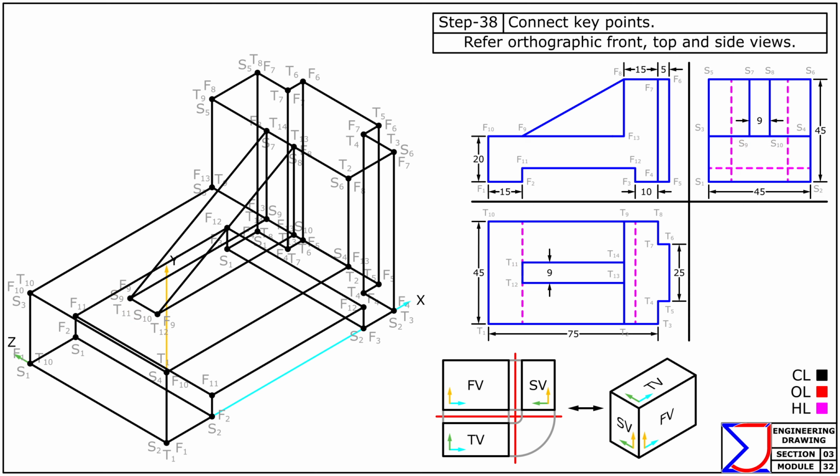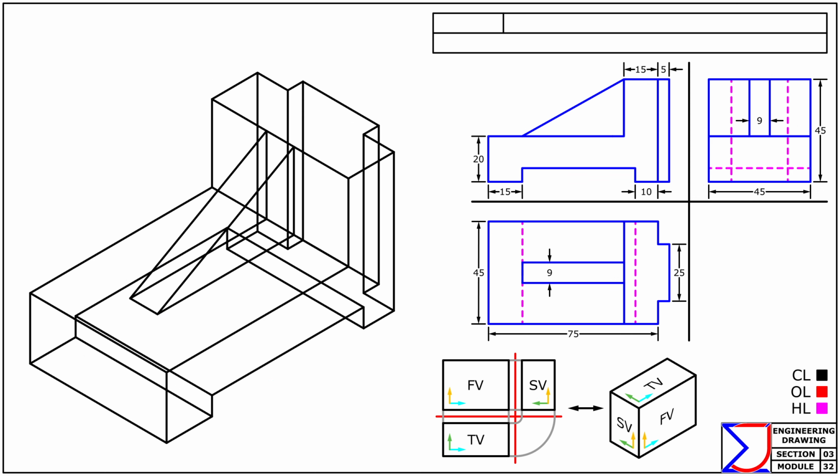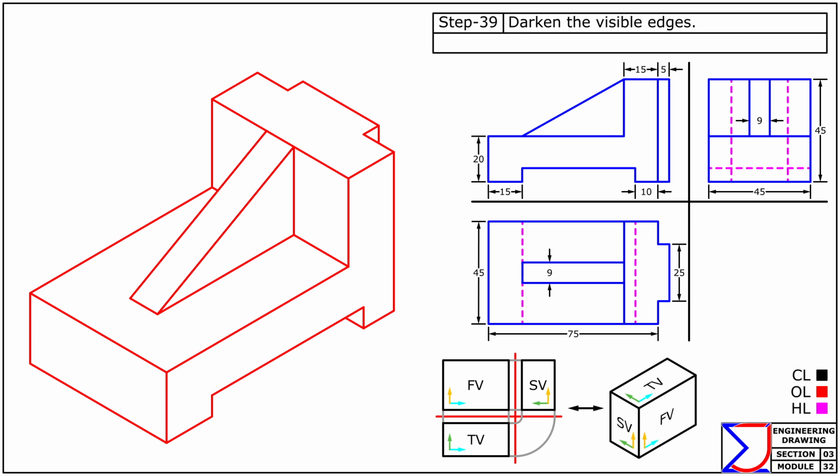This forms the wireframe representation of the required 3D shape. Carefully examine the model and darken only the visible edges to enhance clarity. This is now the accurate isometric view of the object.